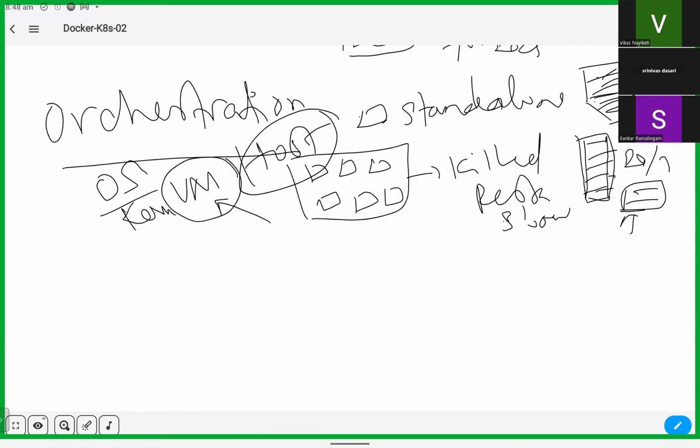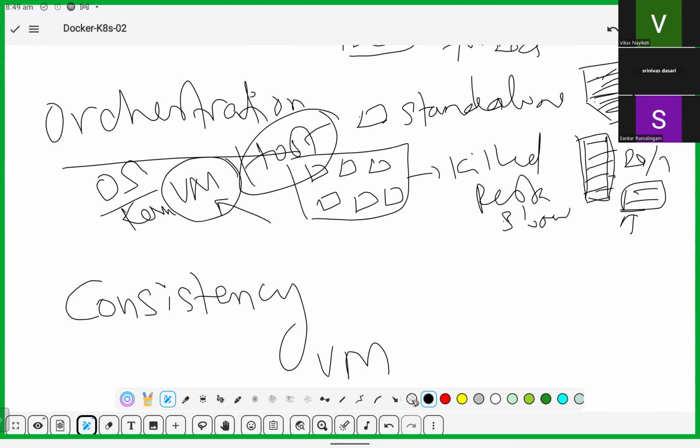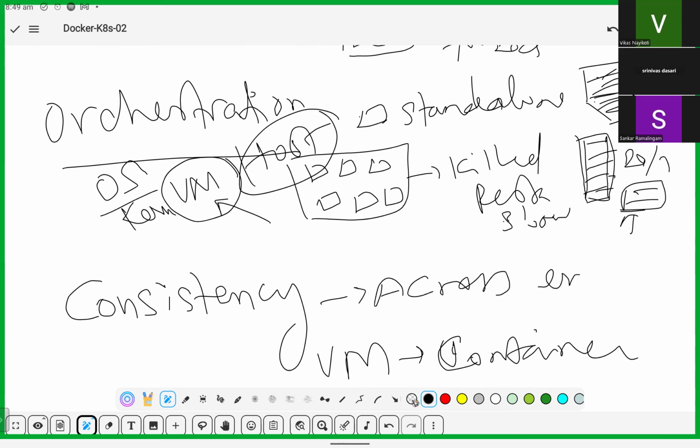Okay. So containers serve the purpose of solving one important, never-ending problem: consistency. That is the reason why we initially went with VM. This we discussed many times, and then VM is heavyweight. That's why we went with a container. Container is lightweight. What we are achieving is consistency across environments, anytime consistency.